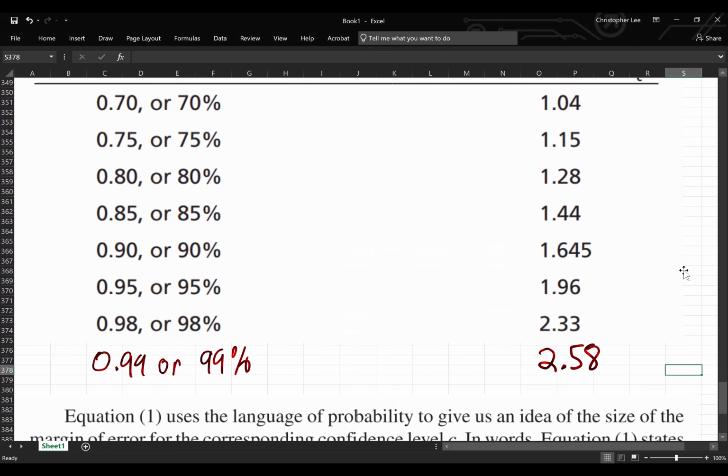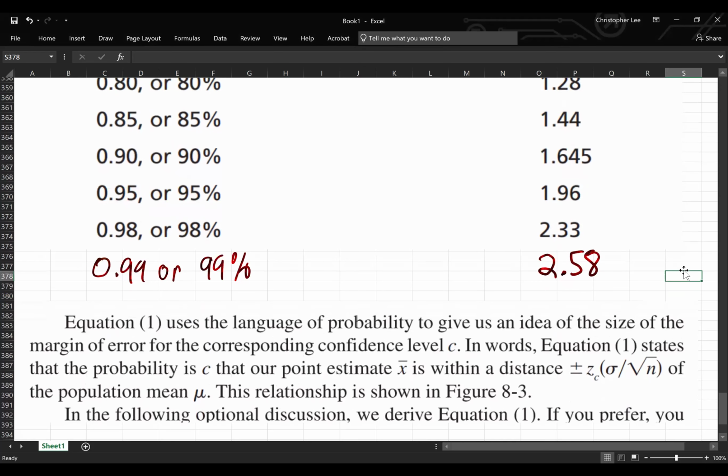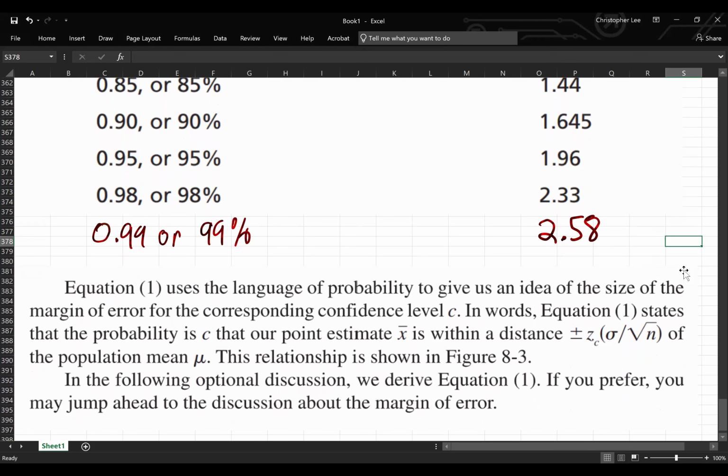So look, equation one uses the language of probability to give us an idea of the size of the margin of error for the corresponding confidence level C. In words, equation one states that the probability is C, our critical value, that our point estimate X bar is within a distance of plus or minus Z critical times the standard deviation divided by the square root of N of the population mean mu.